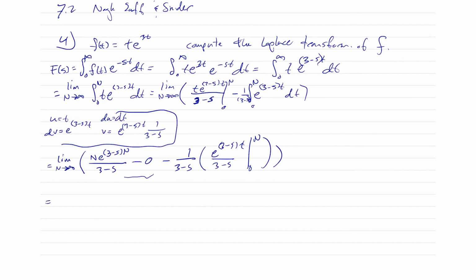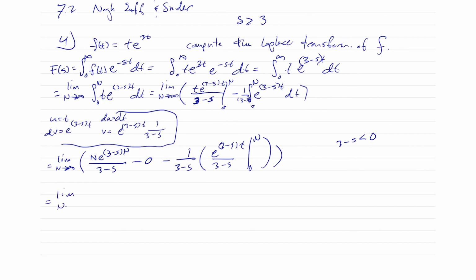And we can go ahead and do that. So we can take this first bit and look at what happens. This is going to diverge unless s is bigger than 3. So we'll just assume that s is bigger than 3. Then when s is bigger than 3, 3 minus s is negative, which means that this whole term goes to 0 as n goes to infinity.